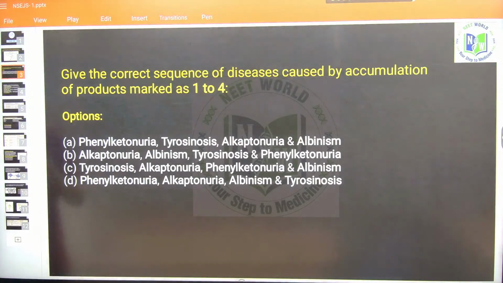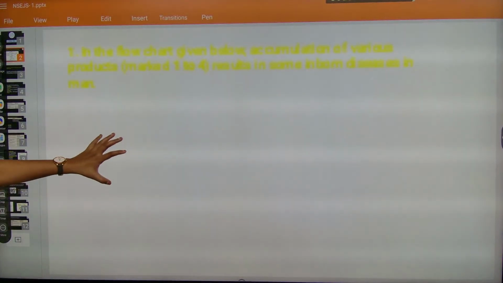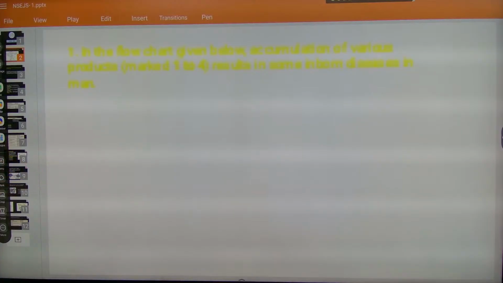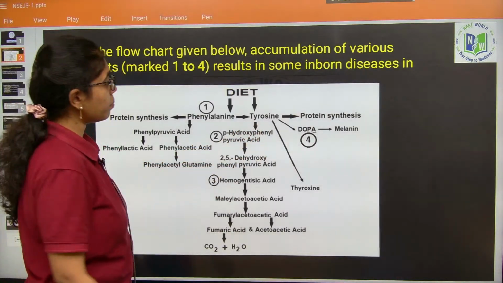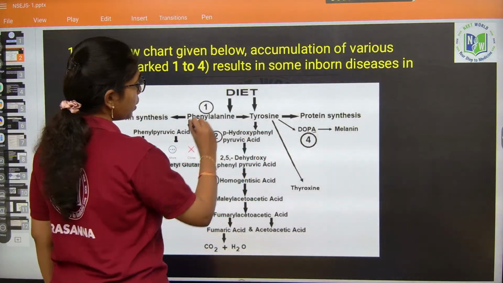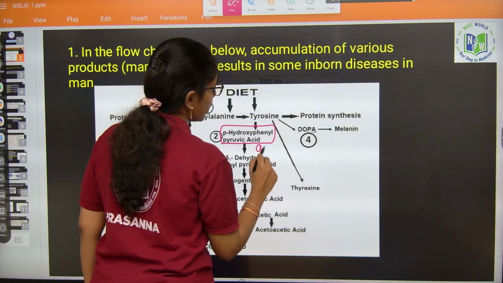So the second disease is tyrosinosis, wherein this disease occurs because of the accumulation of one product in tyrosine metabolism. In tyrosine metabolism, tyrosine getting converted to p-hydroxyphenylpyruvic acid, this gets accumulated.